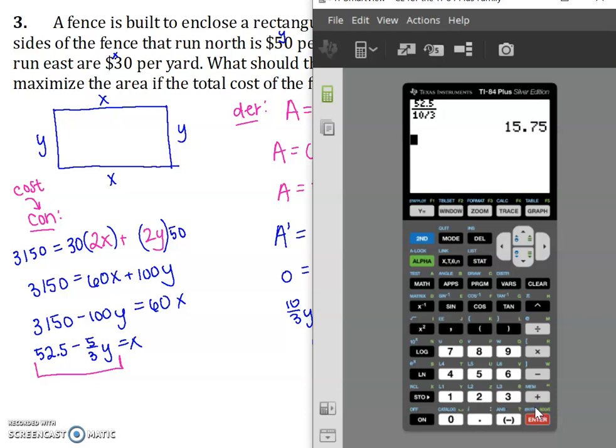So that'll give you 15.75. If you're not going to type it in with the fraction, make sure you put the 10/3 in its own set of parentheses when you divide. Otherwise, your calculator is going to divide by 10 and then divide by 3. So when you're dividing with a fraction, I would just use the fraction button.